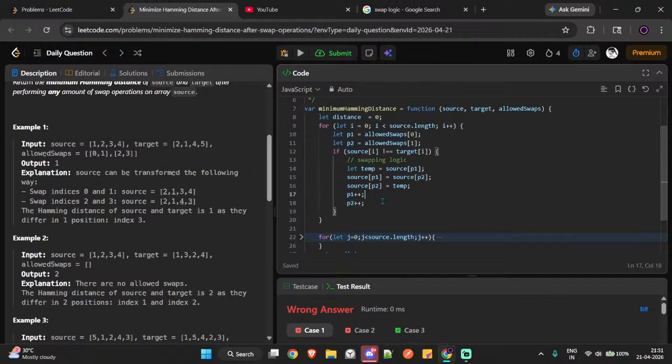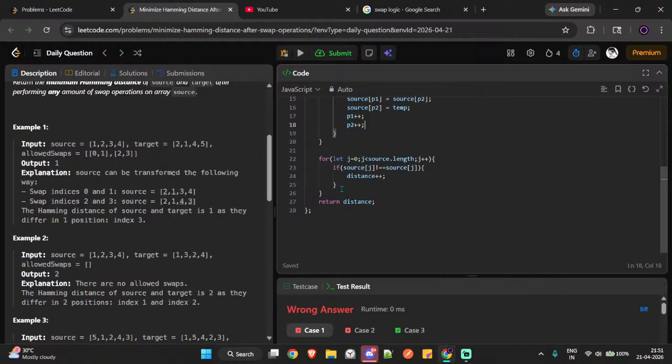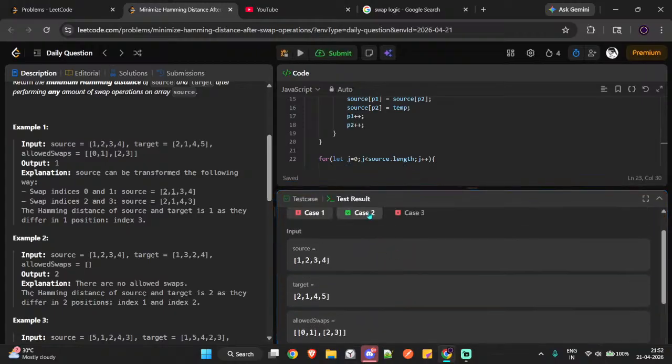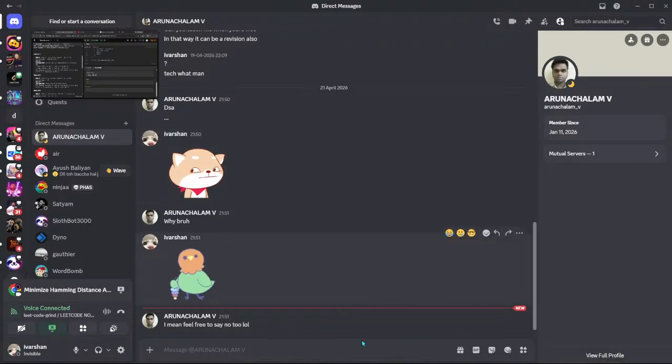After swapping, I'm also incrementing the indices, then checking again for the source of this and i equals the starting. Okay, my logic works for the second one. What is wrong here? Need to figure out.